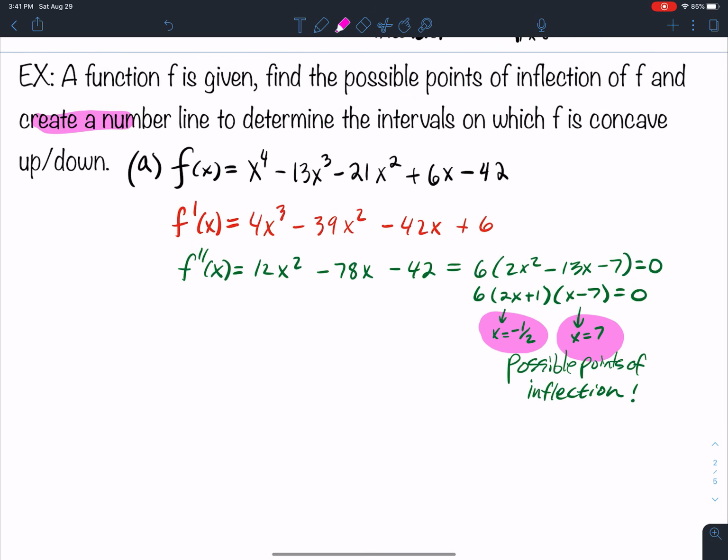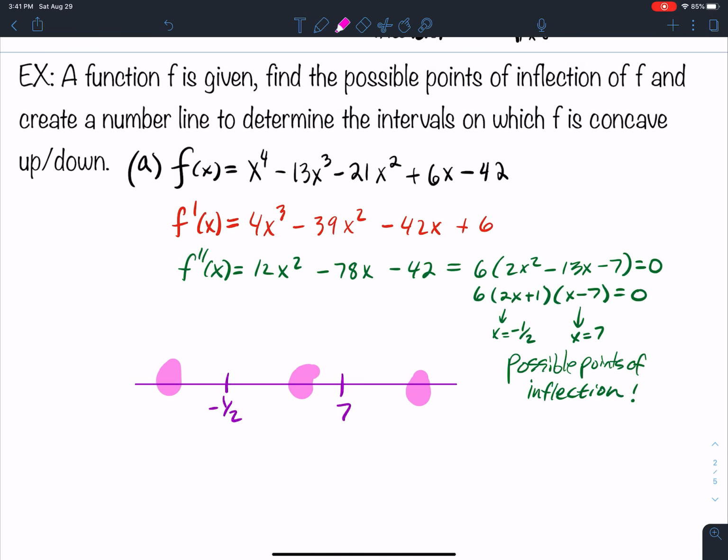And now I'm going to create a number line to figure out the concavity, where we change from concave up to concave down. If I have 2 points, I'm going to mark 2 points here. Now I need to pick points in between the points of possible inflection.